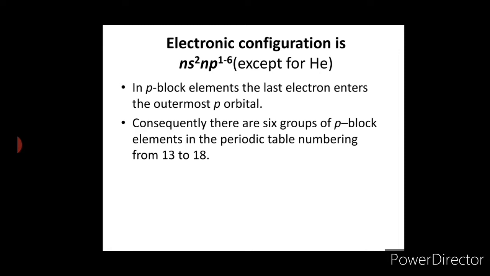In p block elements, the last electron enters the outermost p orbital, and there are three p orbitals which can accommodate 6 electrons. That is why there are 6 groups in p block elements from 13 to 18.